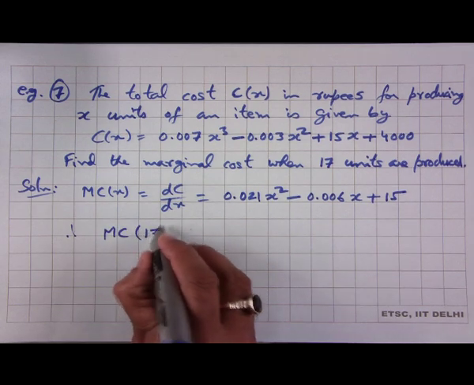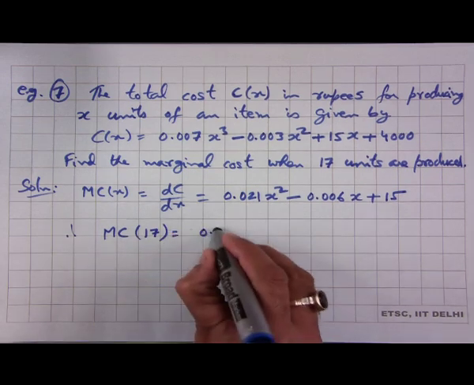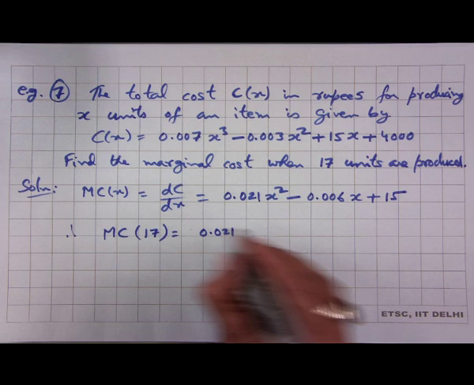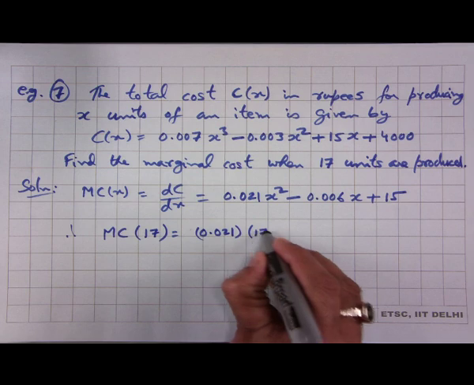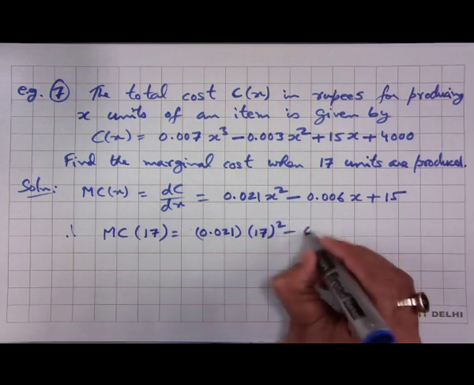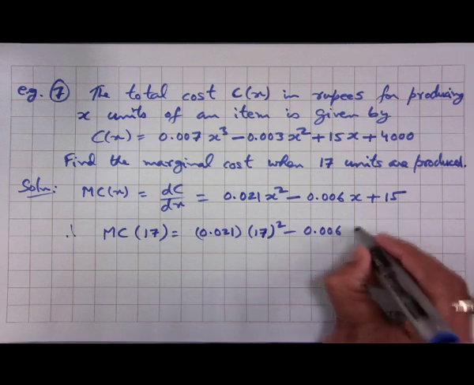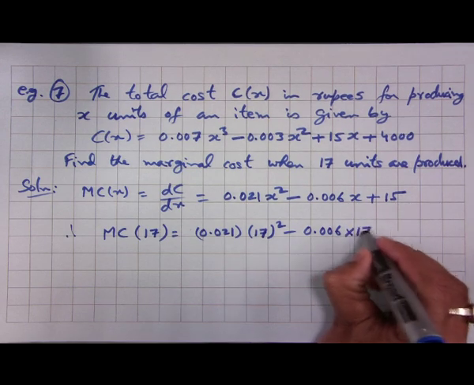This is 0.021 times 17 square minus 0.006 times 17 plus 15.